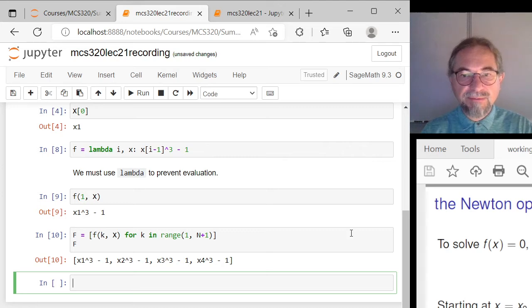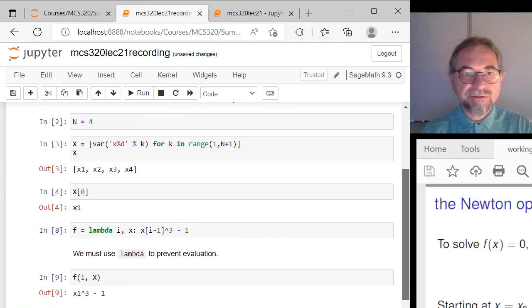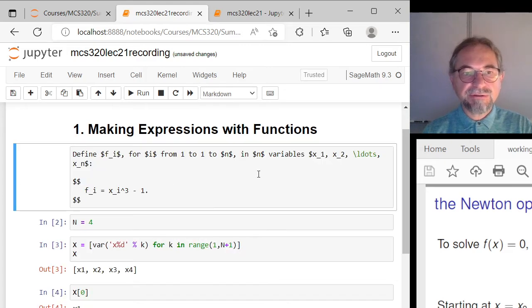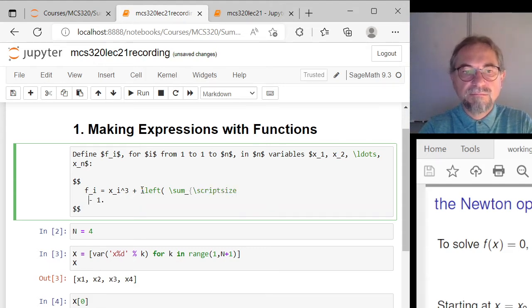Okay, so let me go back to the original exercise. So we have defined a sequence of expressions, but I wanted to do something a little more complicated, but I messed up the latex, so let me try to do that again now.